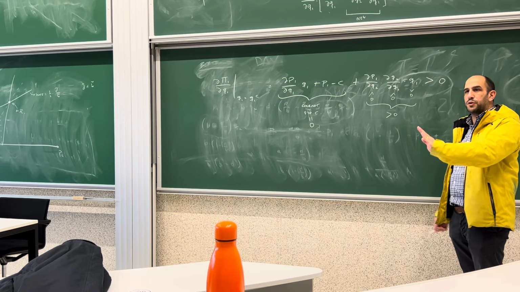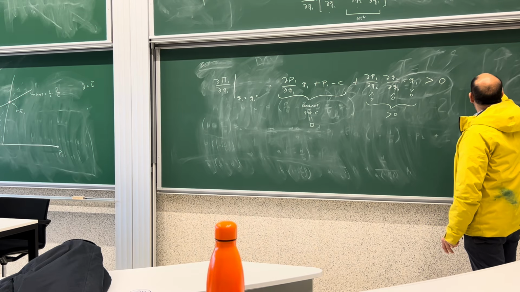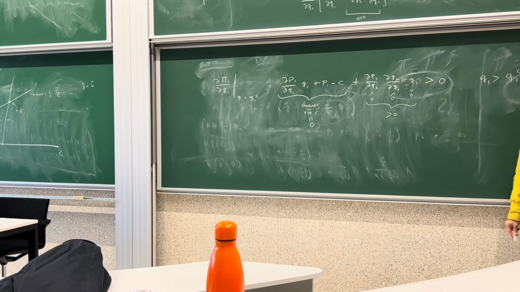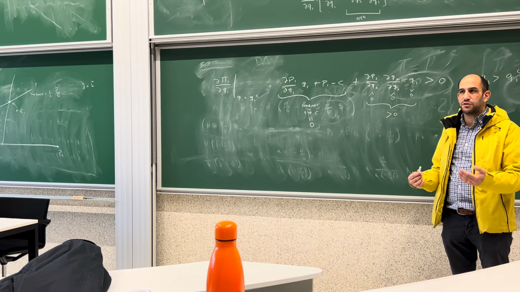So I'm going to choose to produce a higher quantity, okay? So Q1 is going to be greater than the Cournot quantity, okay? Because at the Cournot quantity, increasing the quantity increases the profits, right? So I'm going to produce more. You see what I mean? You see the reasoning?